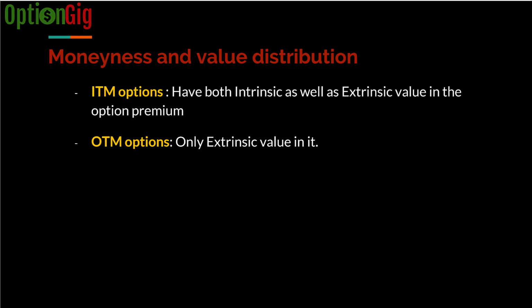Let's take the same example of XYZ, and instead of the $45 call option, if we were looking at $52 call options or $55 call options, that call option would be trading, say, at $1. And that $1 is solely because of the extrinsic value in it. There is no intrinsic value in it because your strike price is 55.